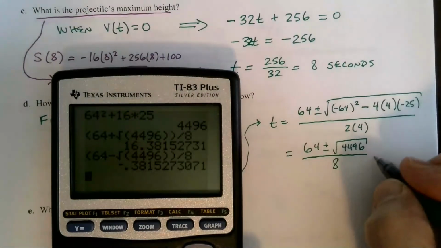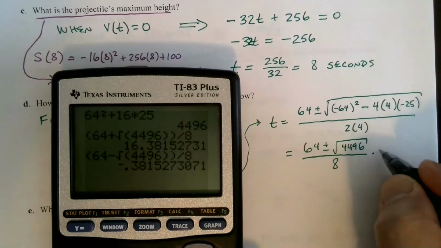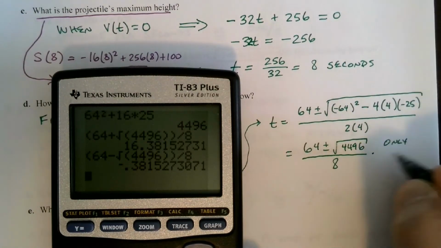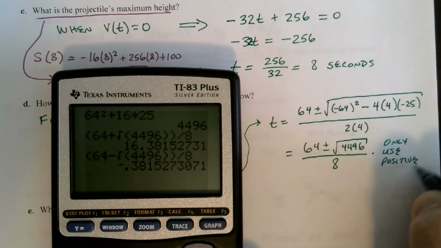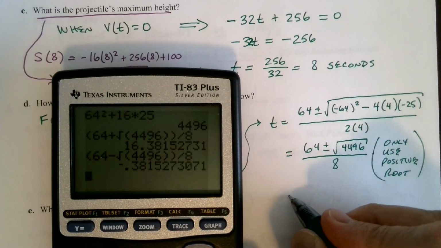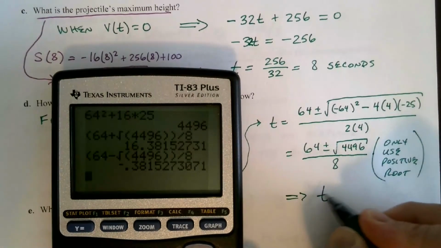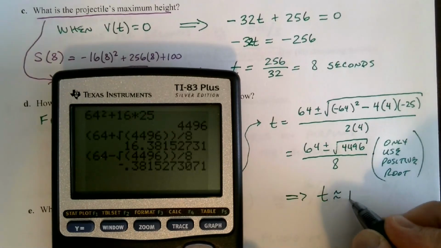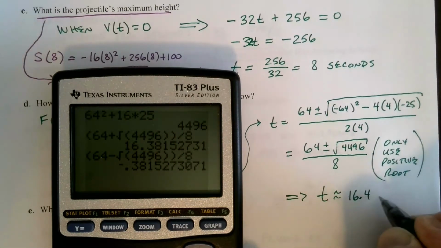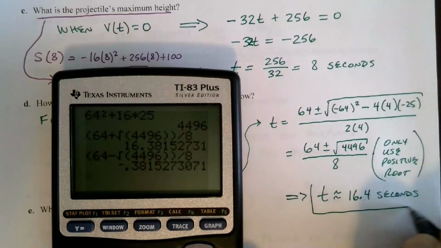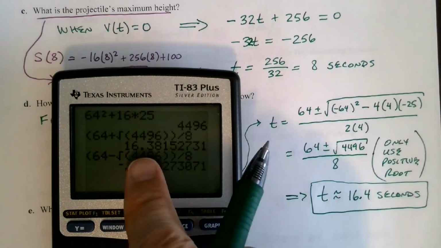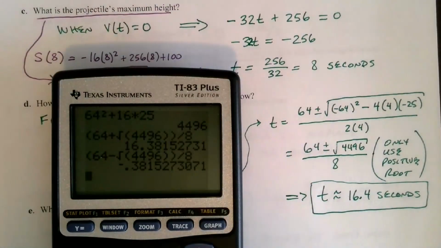So there are two roots here, and we're going to use only the positive root. And so we get t is about 16.38, whatever, we'll round off to 16.4 seconds.